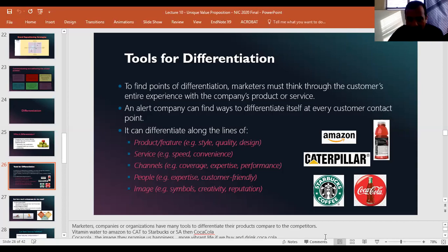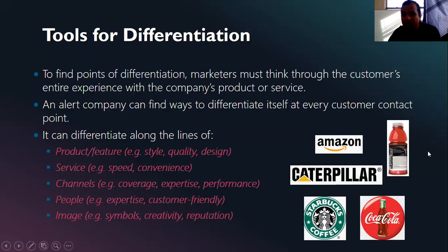The first one, if I'm talking about product and features, you have the example of vitamin water. Although it looks like water, right? But it's not. It's a kind of demand. You know the difference between needs and demand. So vitamin water is a demand, it's not a need. I'm talking about the features.